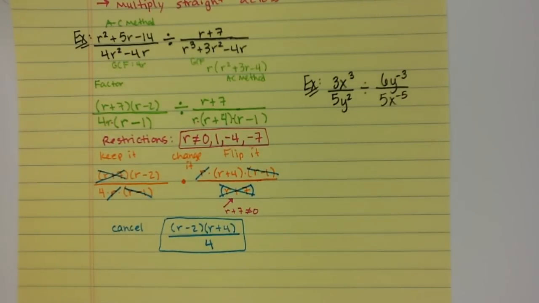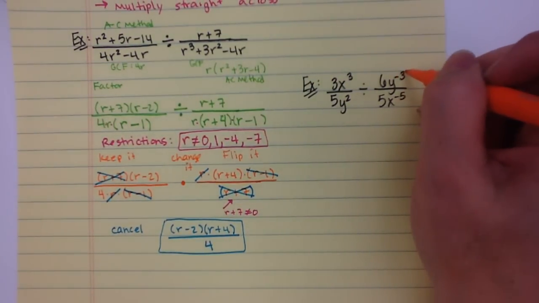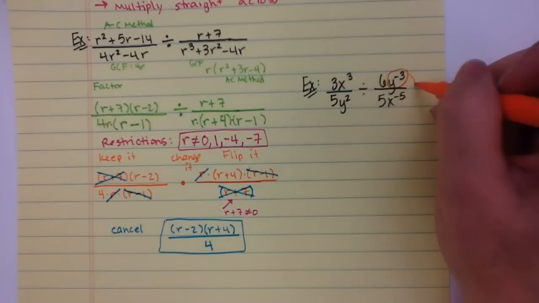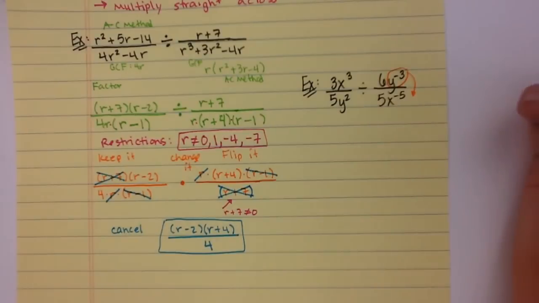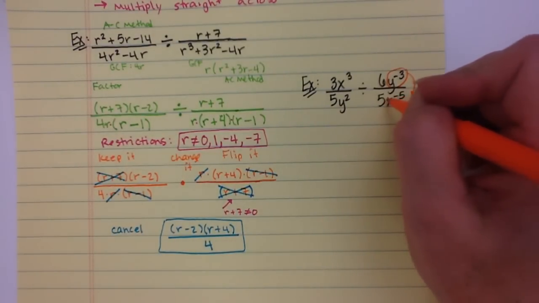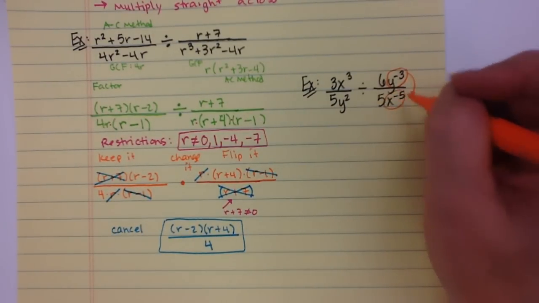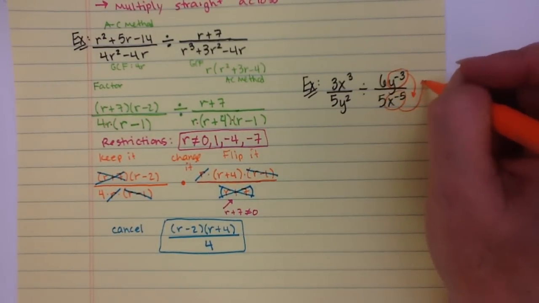So before we really get started, we want to deal with those negative exponents. Remember, a negative exponent means it's going to take its base and move the base to where it wasn't. So the y to the negative third goes to the denominator and becomes y cubed. And x to the negative fifth brings the base of x to the numerator.